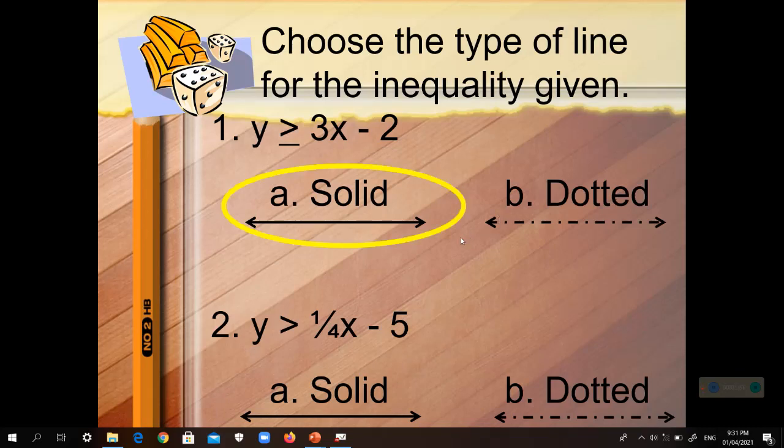You are going to use the solid line. Next, in number 2, we have y is greater than 1 over 4x minus 5. What kind of line are you going to use? A solid line or a dotted line? Correct. We have a dotted line because we have the greater than symbol. Okay, question?